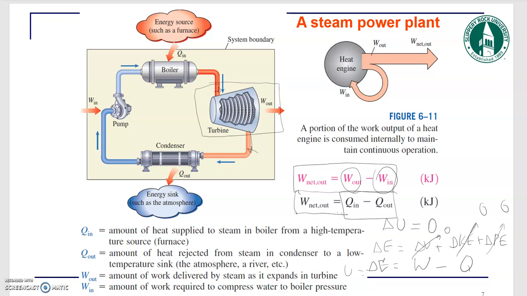So in this closed system, you again have heat input, heat output, work input, right? So you can write the first law of thermodynamics for that system based on closed system equations, right? All right, so that's the idea.